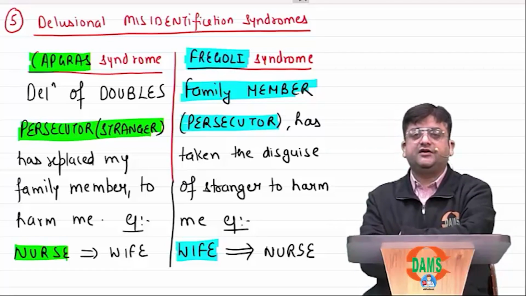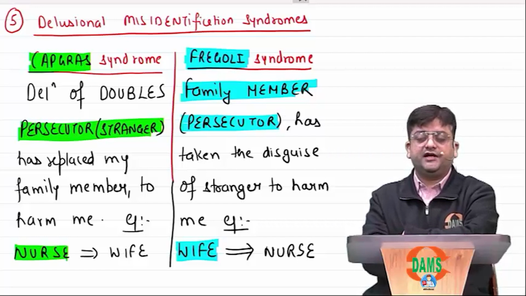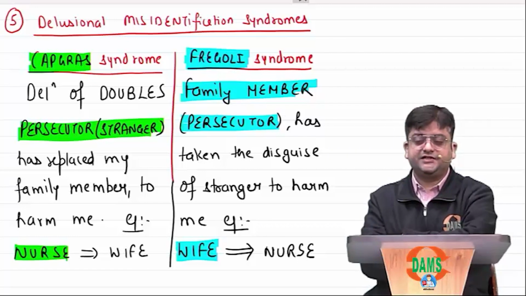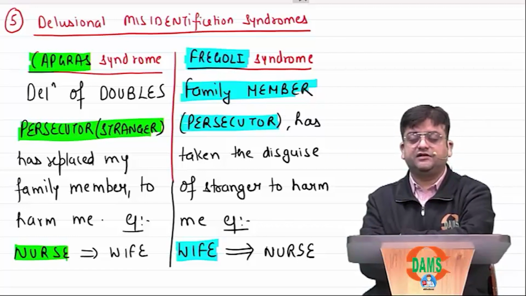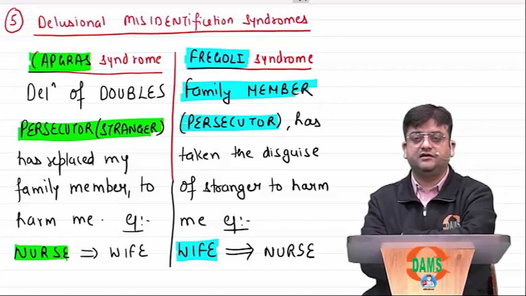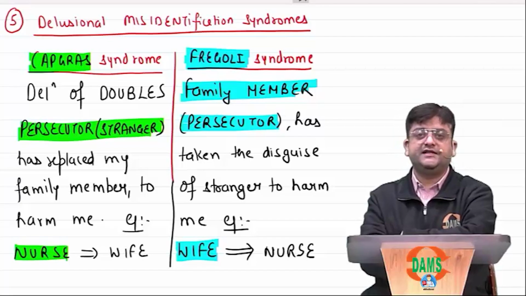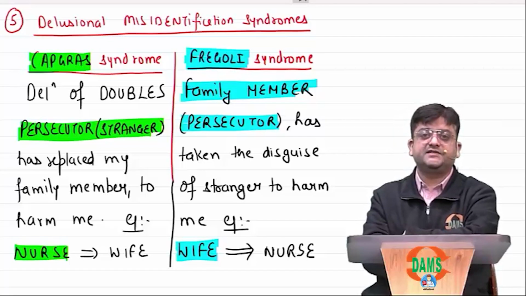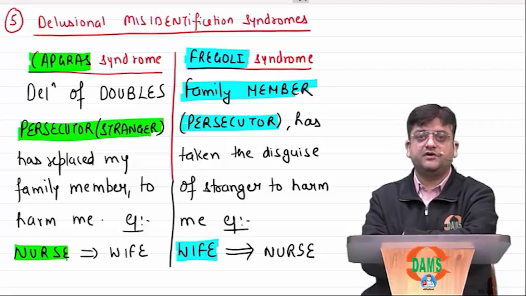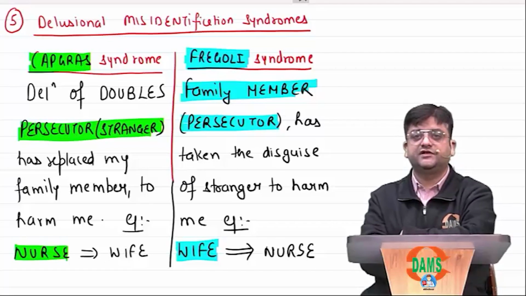In Fregoli syndrome, the person will start shouting, looking at the nurse, saying that she is the wife in the disguise of the nurse, but she is actually the nurse. He thinks she is the wife in the disguise of the nurse.